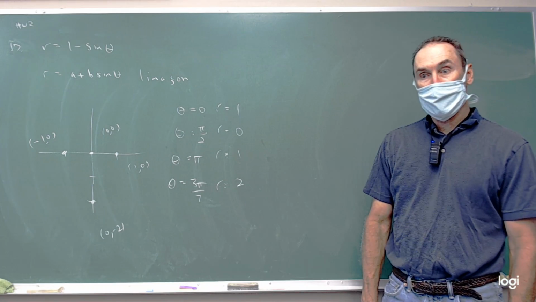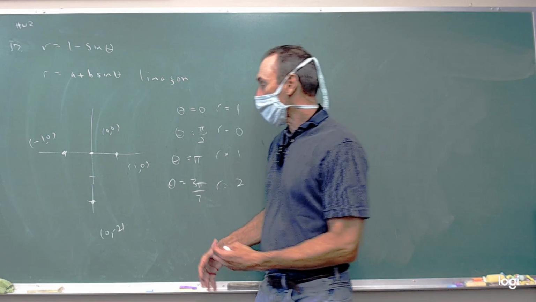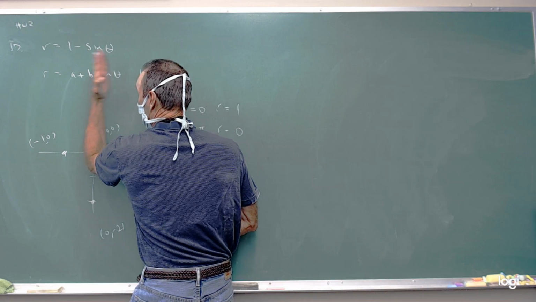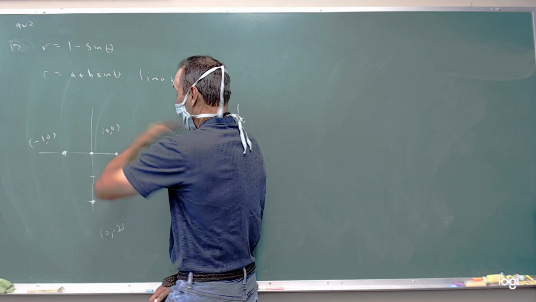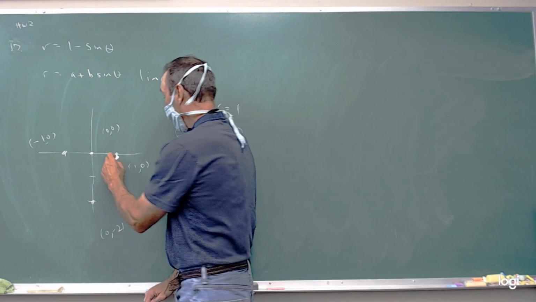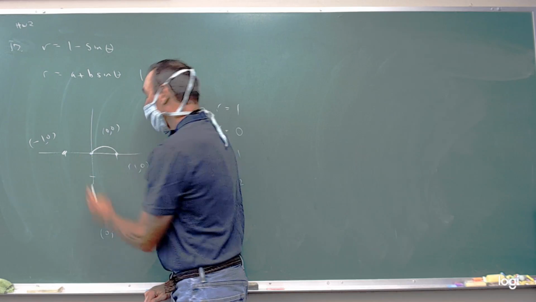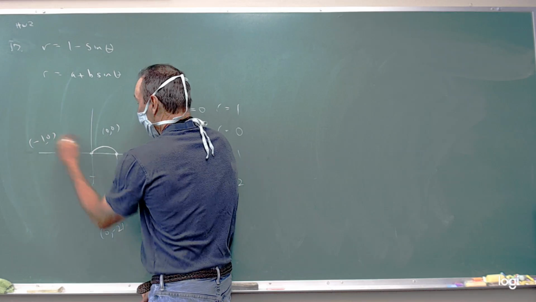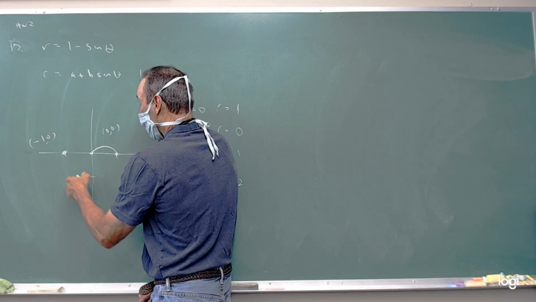Is that okay? Now to graph these, it's kind of weird, but you imagine you're standing there like Doppler radar, and you're going to sweep through here. As you sweep through here, the r values are going from 1 to 0. So they're going to get smaller, and it's going to look something like that. And then as you go from pi over 2 to pi, it goes from 0 to 1. Remember, that was an r value of 1.